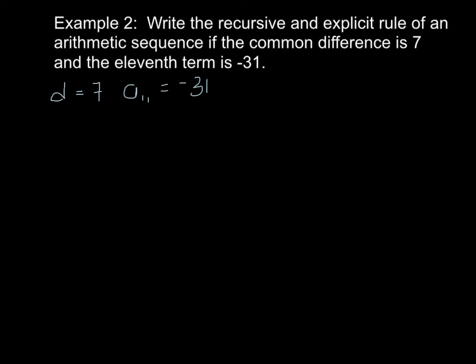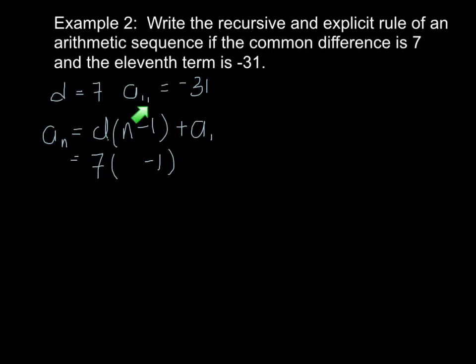On this one, let's start off with the explicit rule. Keep in mind the explicit rule form is a sub n equals d times n minus 1 plus the first term, which we don't know. We're going to solve for the first term. We already know the common difference is 7. We have an n value. Remember that the n value is the subscript on the a.